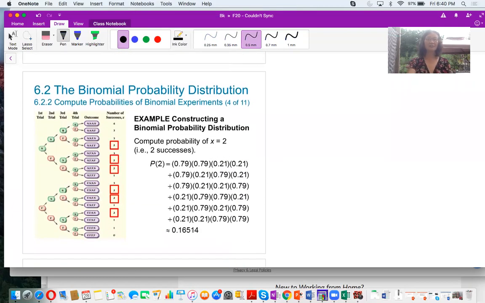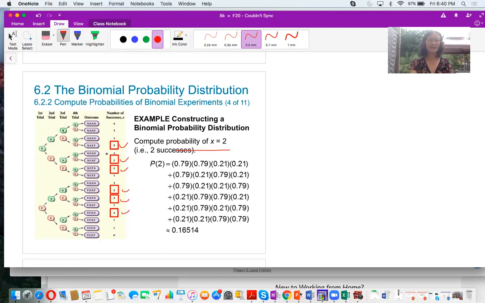So now, by the same token, compute the probability of x equal to 2. Those are the situations in the red box, x equal to 2.